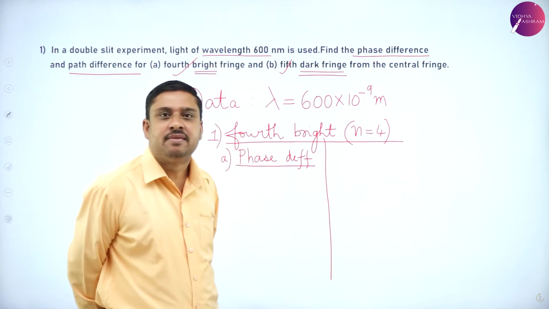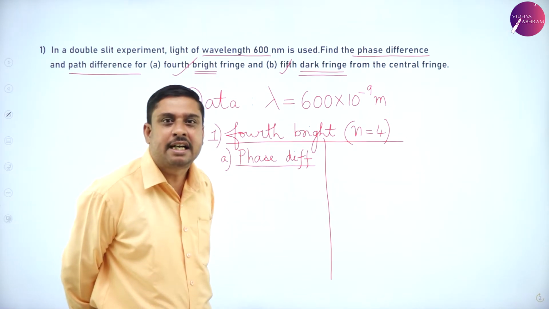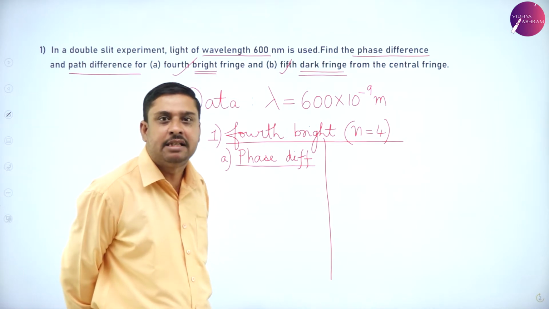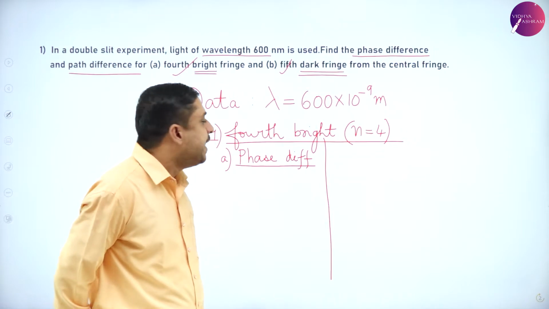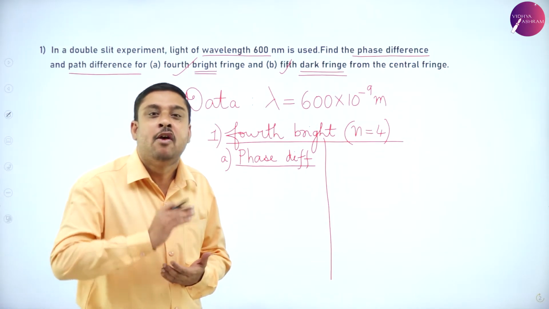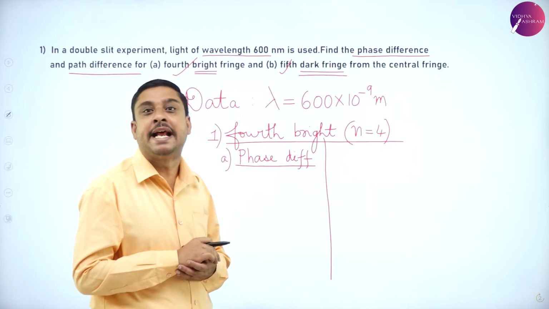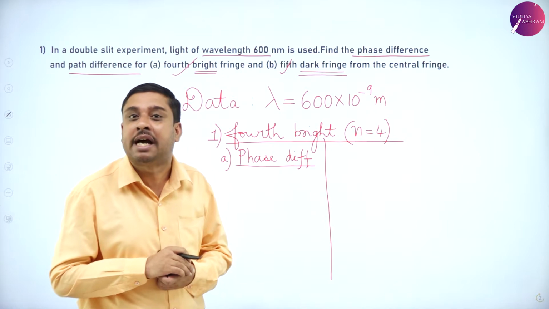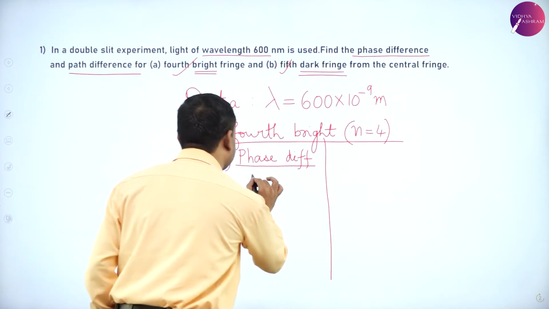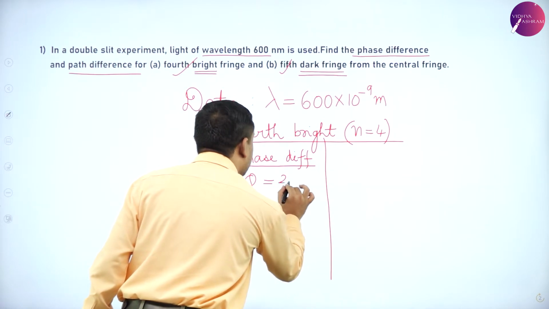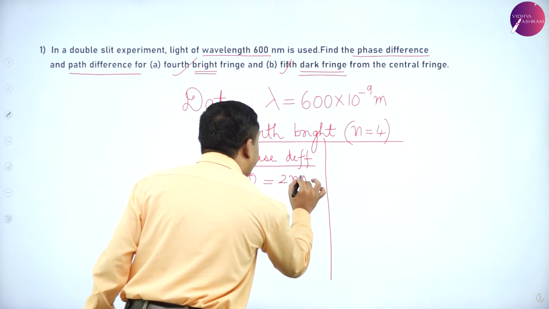Bright fringe, very clearly constructive interference, which means what is the condition for phase difference? Phase difference when you have constructive interference, phi equals 2n pi.